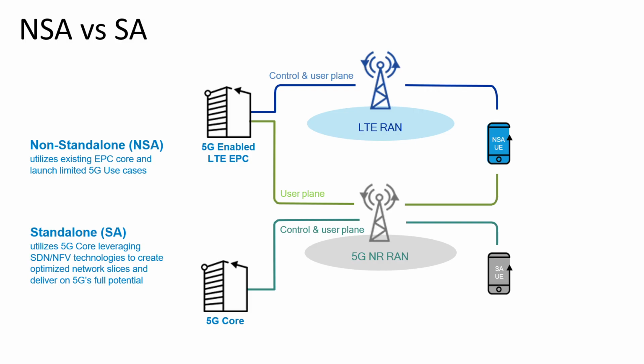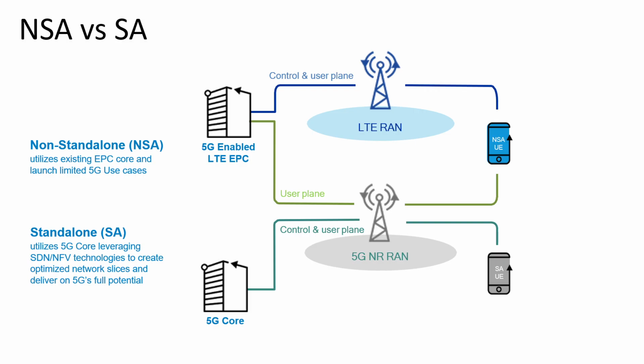Right? So the new radio will have the interface with 5G core directly. So the 5G user who is trying to access the 5G network or 5G service will be served by 5G core.